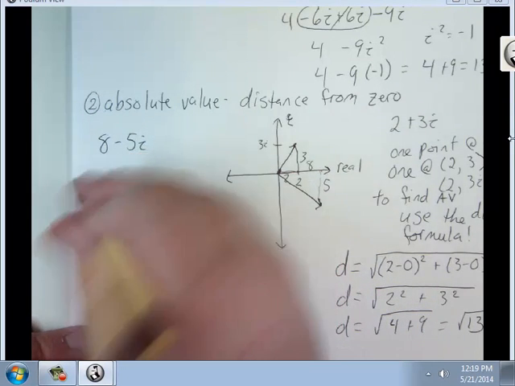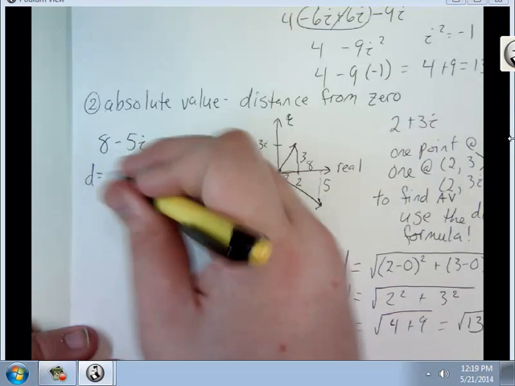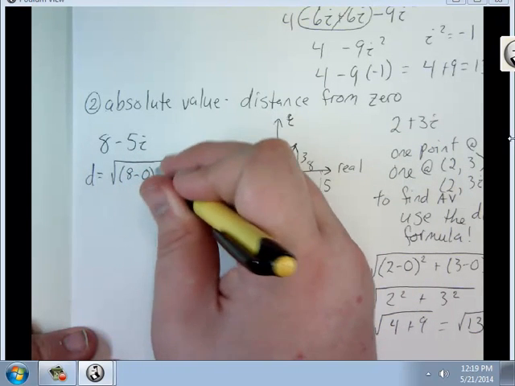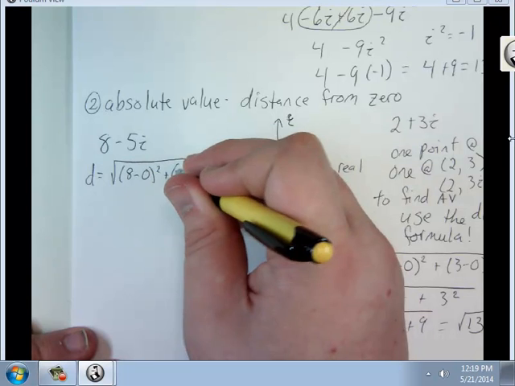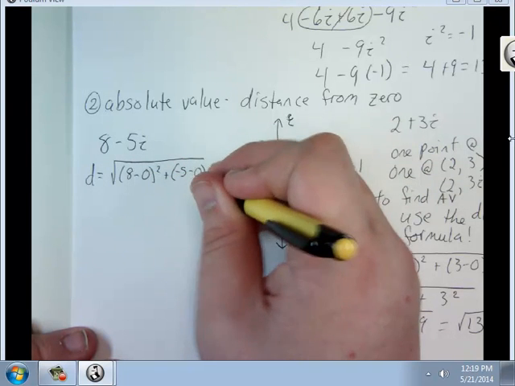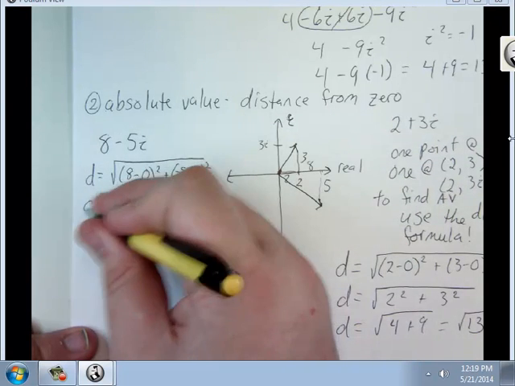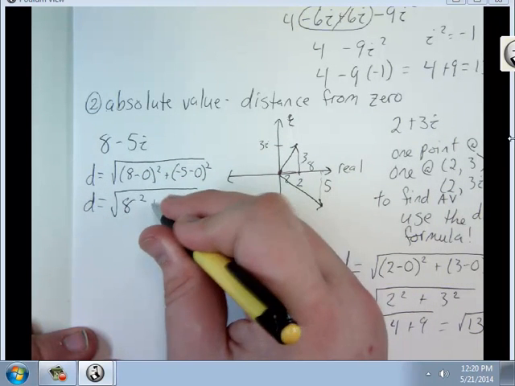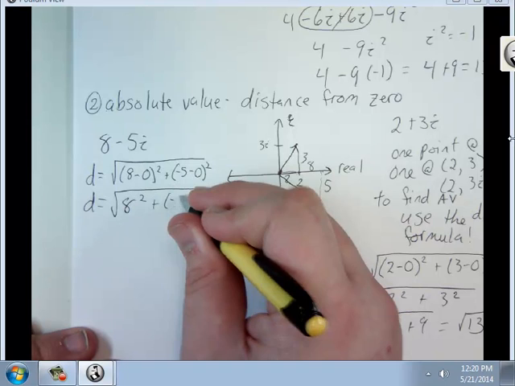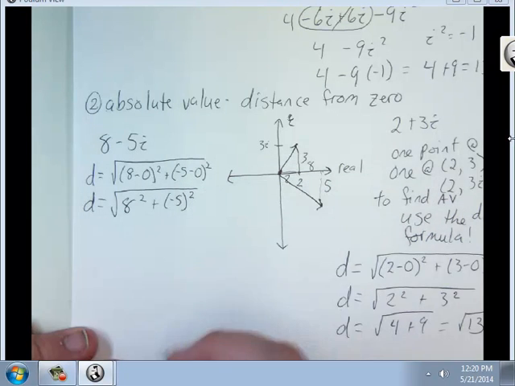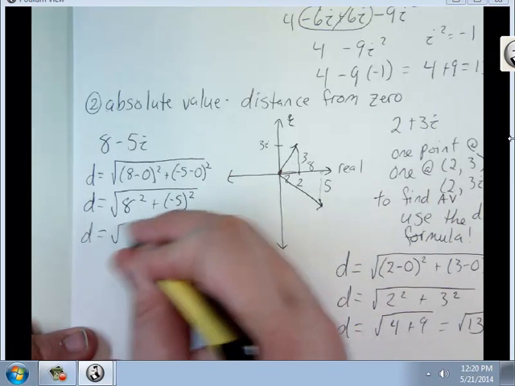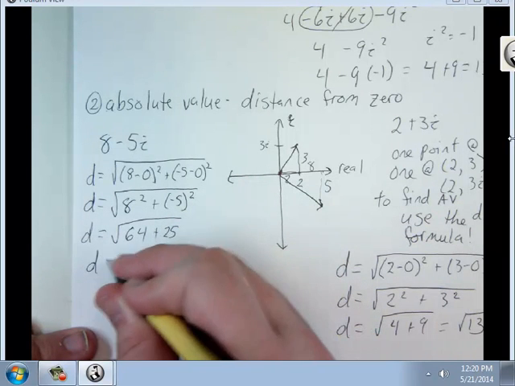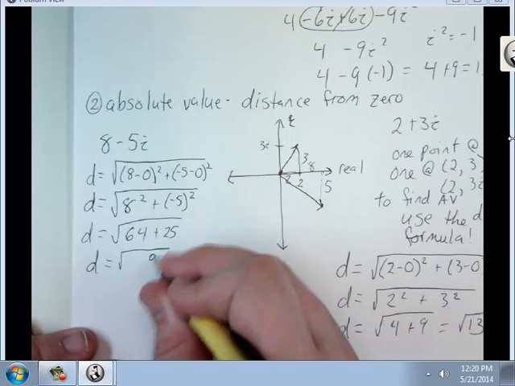So my distance is the square root of 8 minus 0 squared plus negative 5 minus 0 squared. 8 squared plus negative 5 squared. 64 plus 25, square root of 89.